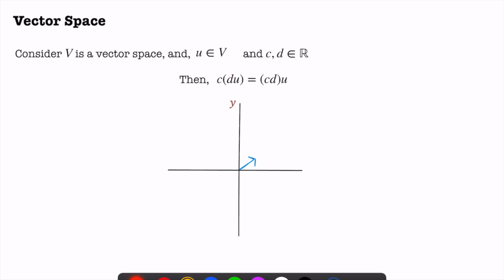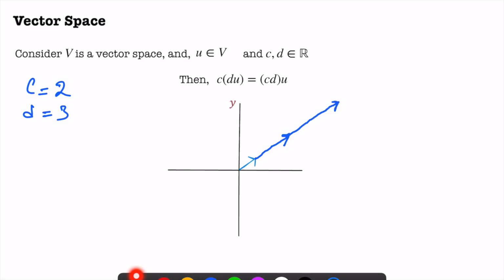So if c is 2, d is 3, then in the left side we are first multiplying du, this is stretched 3 times, so this is du, and then this one is stretched 2 times, like this.